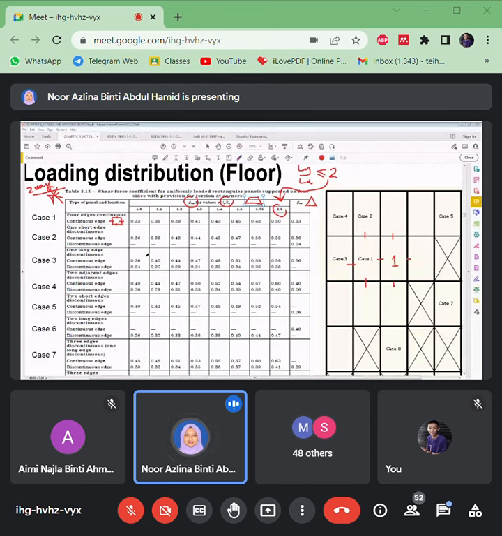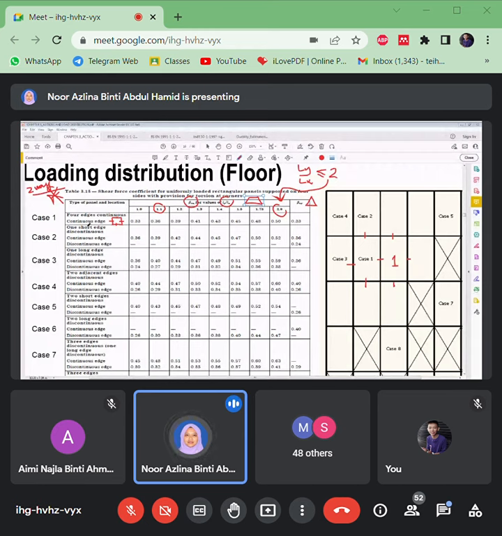Tak boleh tengok tables ni. So you need to calculate Ly divided by Lx. Let's say 1.1 dapat. So 1.1 means your BVX is 0.36. For the triangles it is 0.33 here.